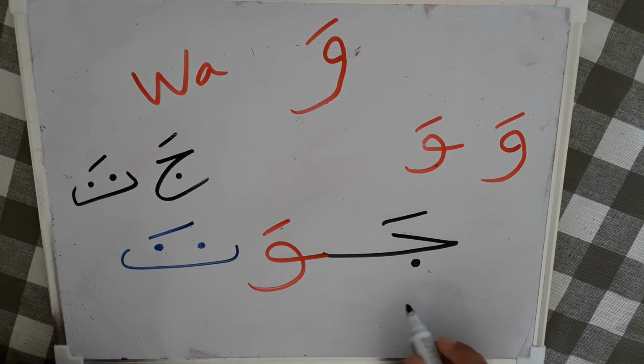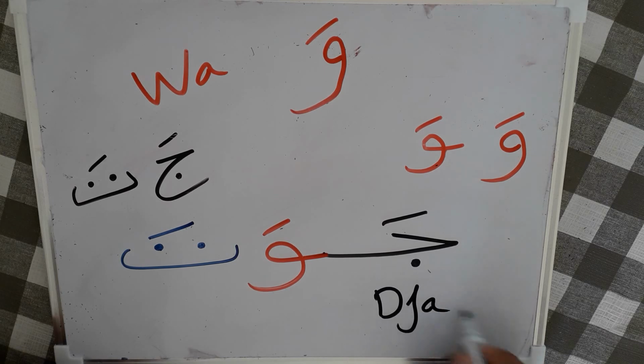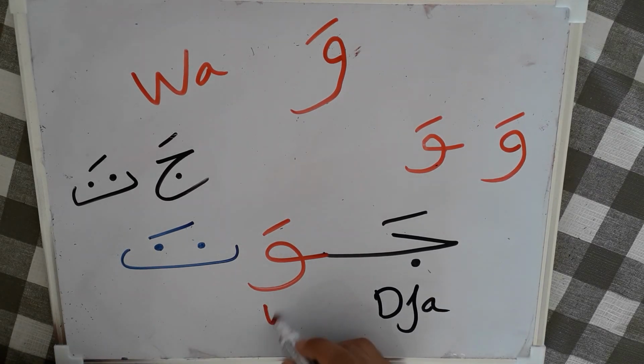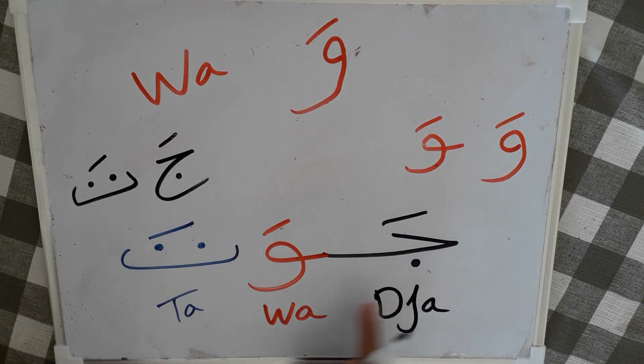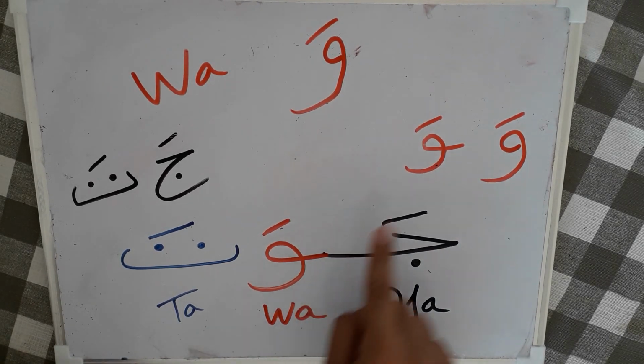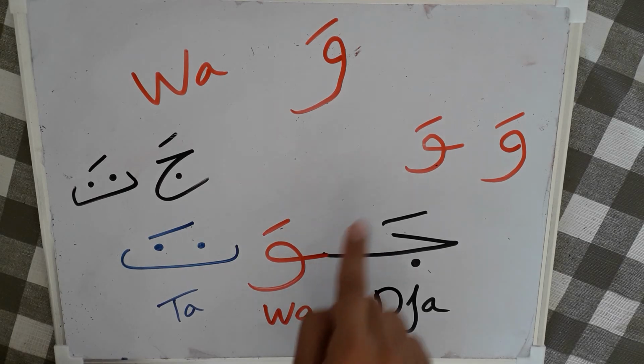So it is ja, wa, ta. Jawata, jawata. Okay? So wa in the middle, wa in the middle.